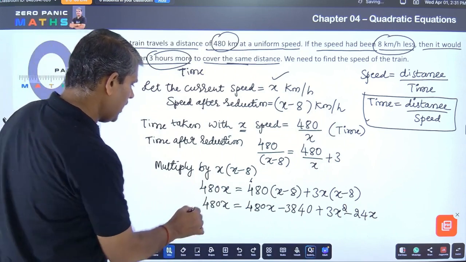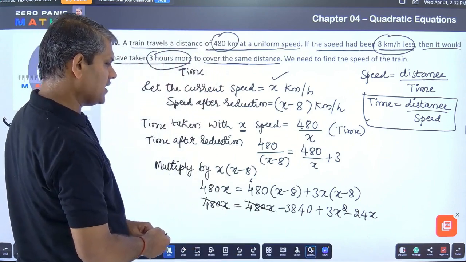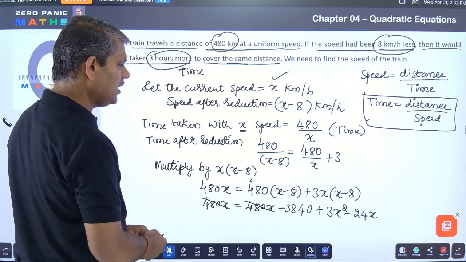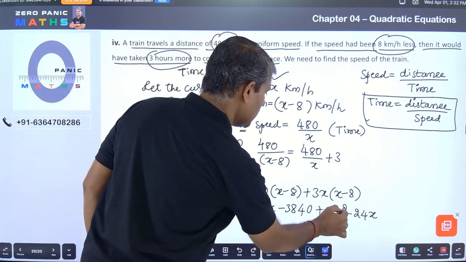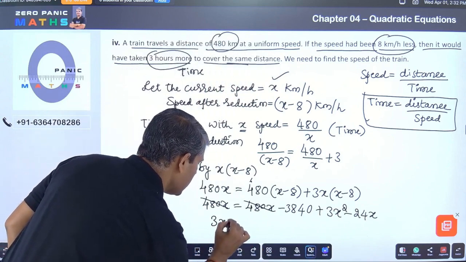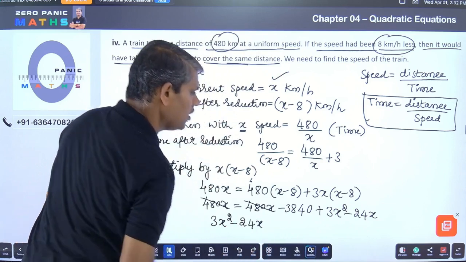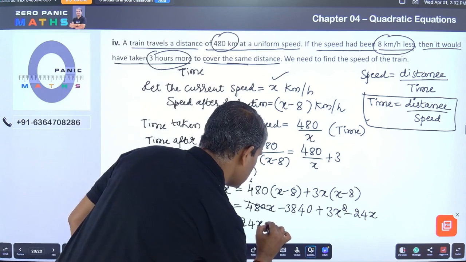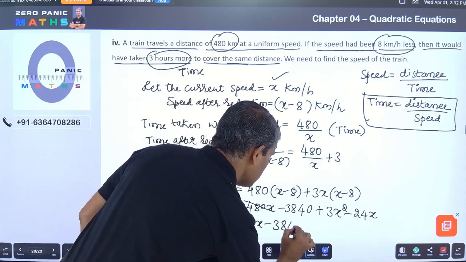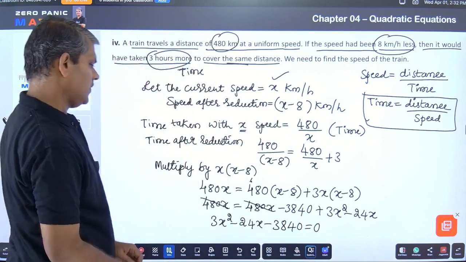Now what is remaining? 480x is getting cancelled, and finally we are left with 3x square minus 24x minus 3840 equal to 0.